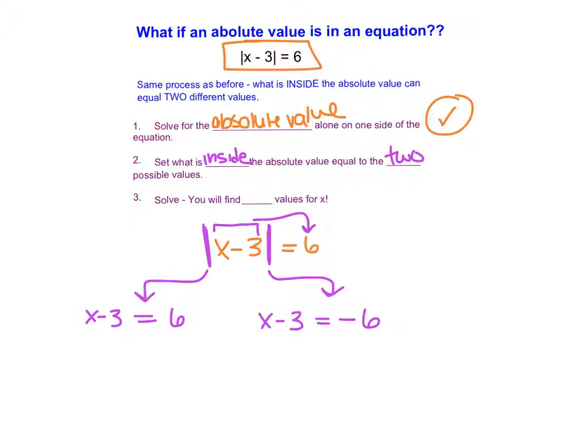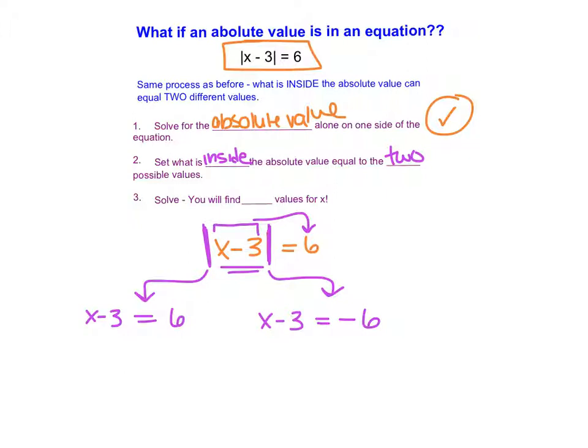So in order to break down those prison walls, we're going to think through what could this inside piece equal. Well, that x minus 3, when we take its distance from 0, has to have a distance from 0 of 6, which is 6 or negative 6. So we set x minus 3, that inside piece, equal to its 2 possibilities.